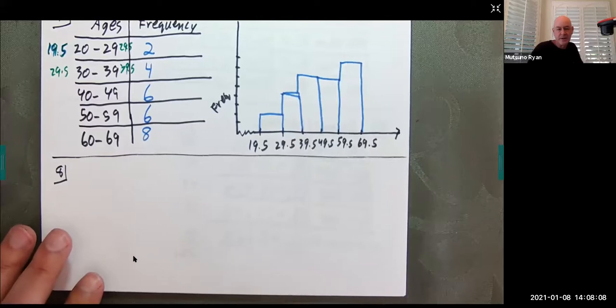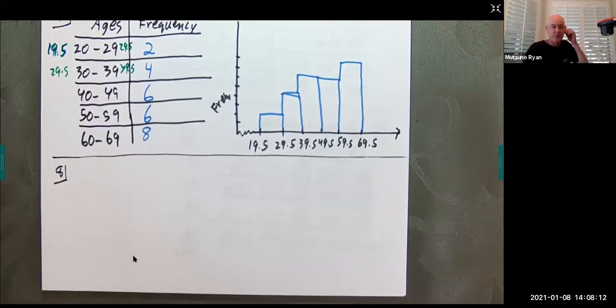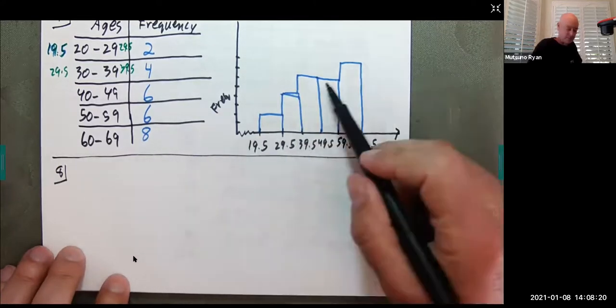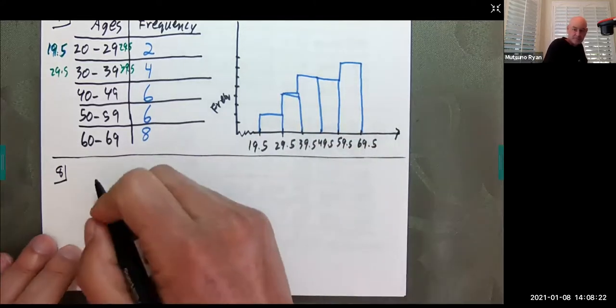And they say use class midpoints. That's easy. Does this appear to be a normal distribution? Why or why not? So this histogram, the bars are not going to be touching one another. And just to point out, this one is definitely not normal, right? It's getting bigger and bigger and bigger. So we'll see.